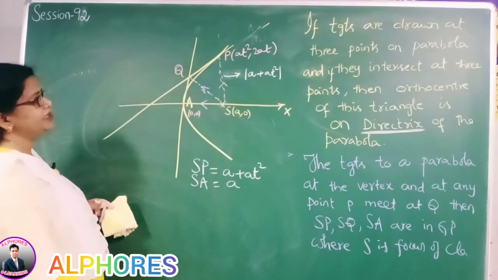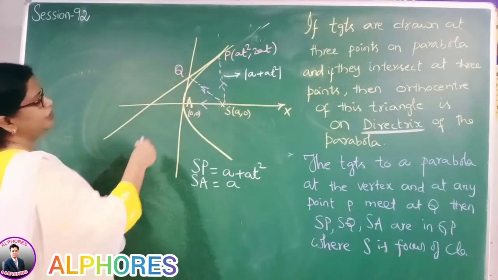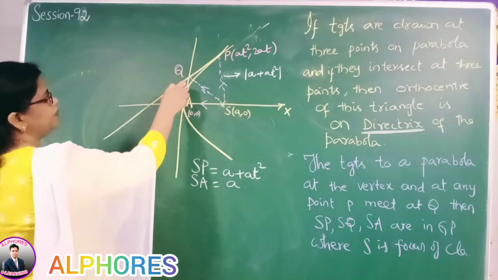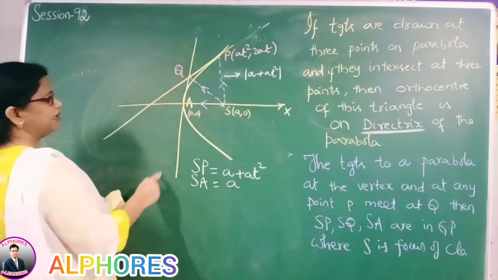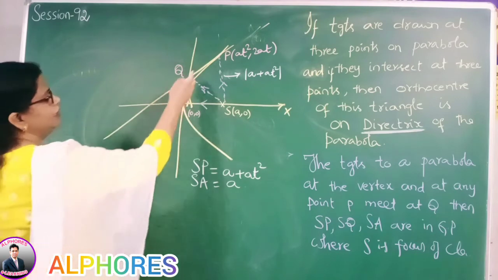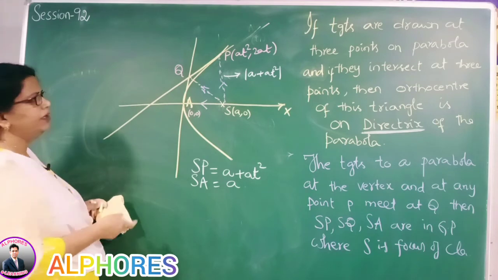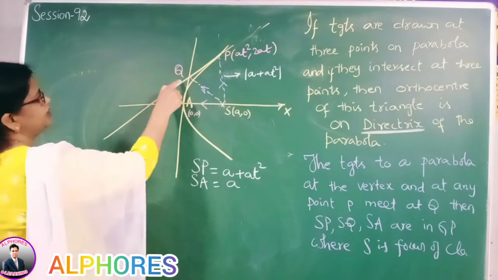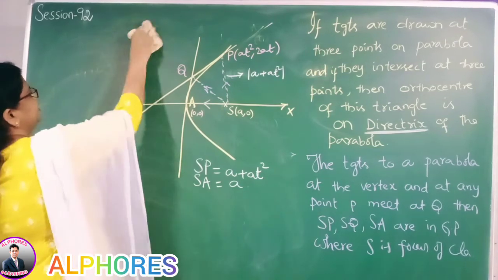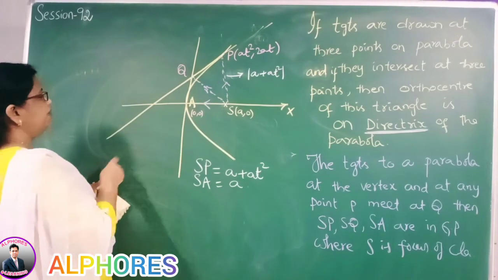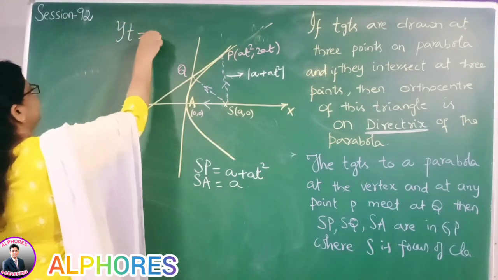Now next interest is here what? SQ. Okay, SQ. What is actually Q, students, here? It is the point of intersection of the tangent drawn at the vertex and the other one, which is drawn at any point. For these two, what is this equation? yt equal to x plus at square. So the tangent at t, I am taking first, that is nothing but yt equal to x plus at square.